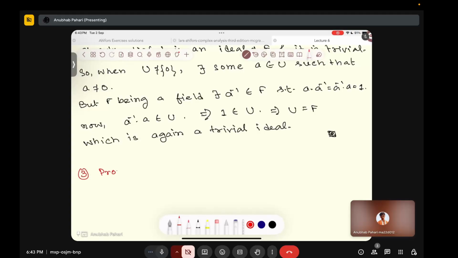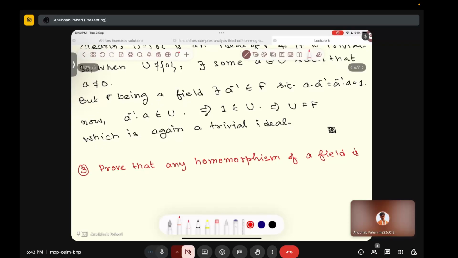Prove that any homomorphism of a field is either an isomorphism or a trivial one, that means it takes every element to 0, the zero homomorphism.